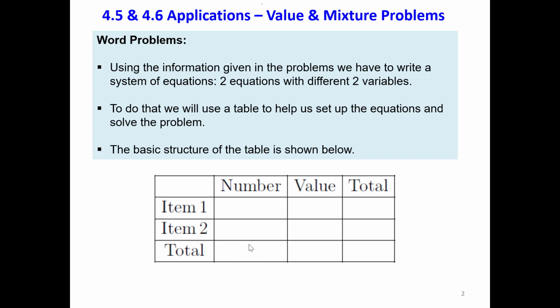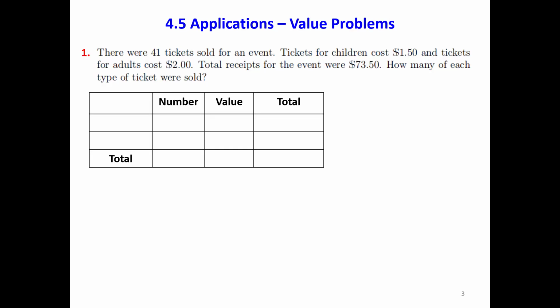Let's try to use a table like that to solve the problems and to know how to write the equations we need. Once we have the two equations with two variables, we can solve by any of the methods we know. Let's start with the first problem.